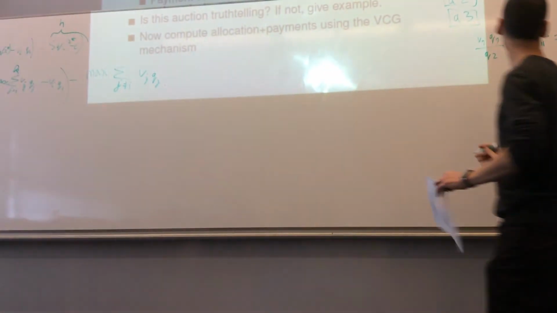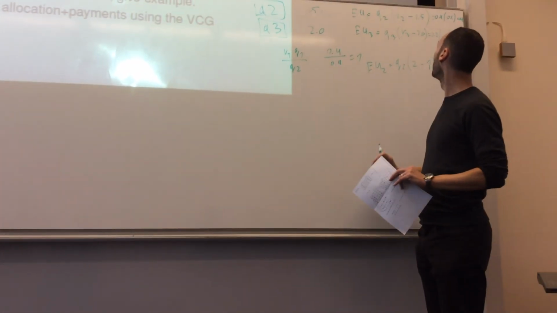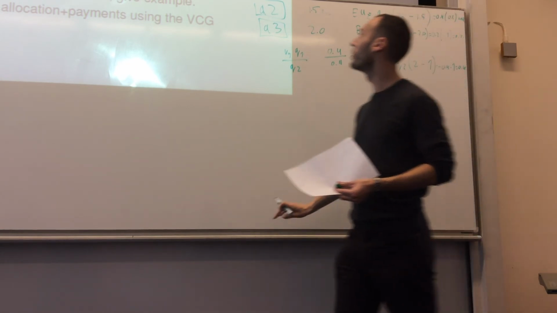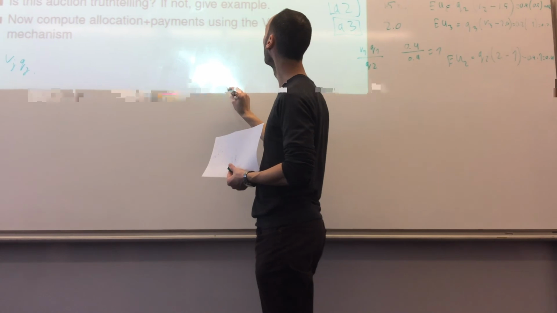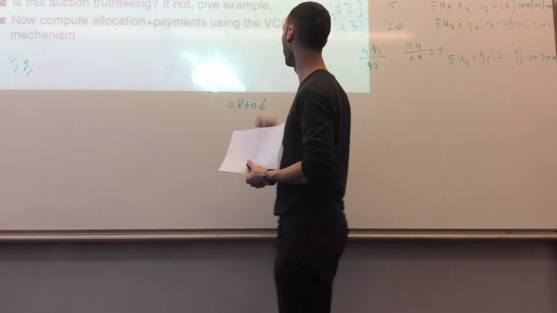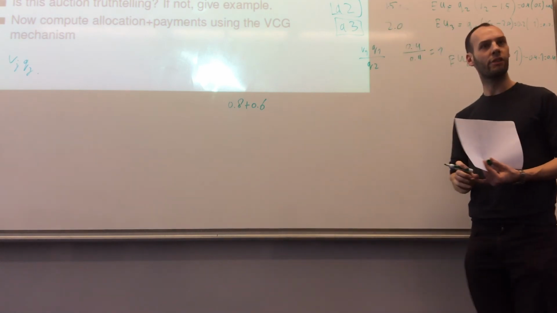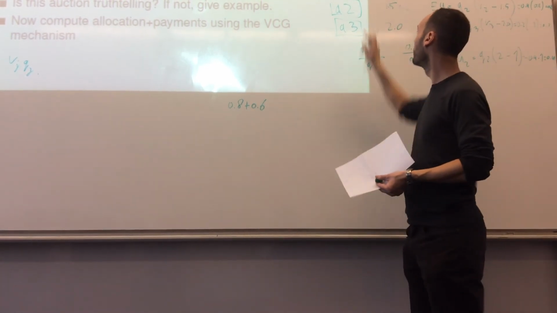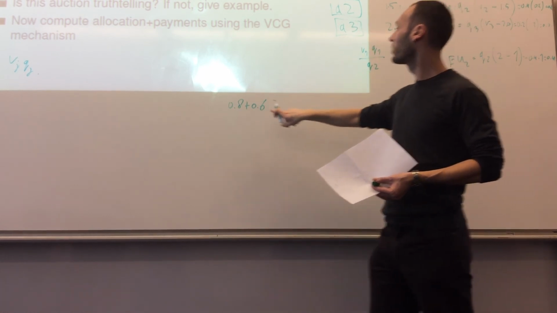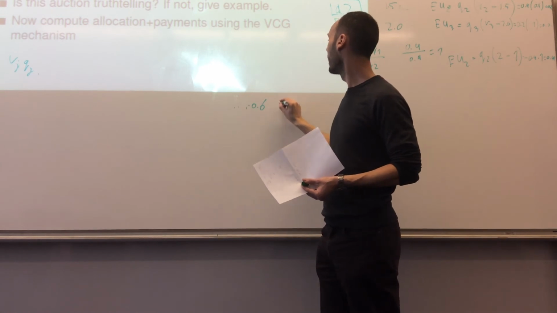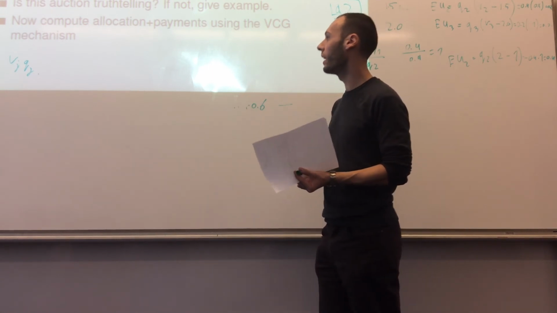So here the total social welfare, as we know, is 0.8 plus 0.6. That's the social welfare of the efficient allocation. Now, if we first take agent 2, we exclude his social welfare, so that's 0.6, and then we deduct.